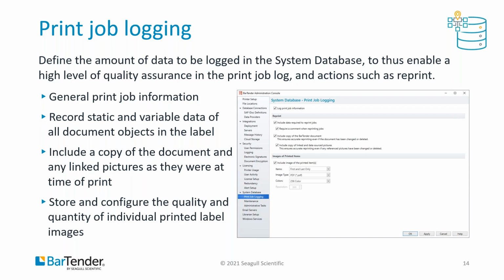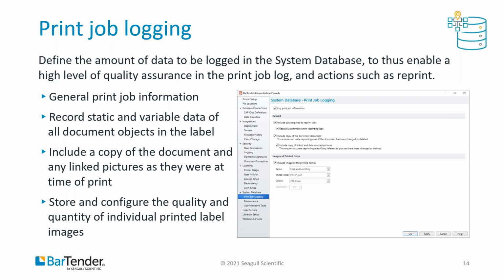The system database is a very relational database as it comes to the tables. So there isn't one giant table where each record contains all the information of that particular print job or logged entry.